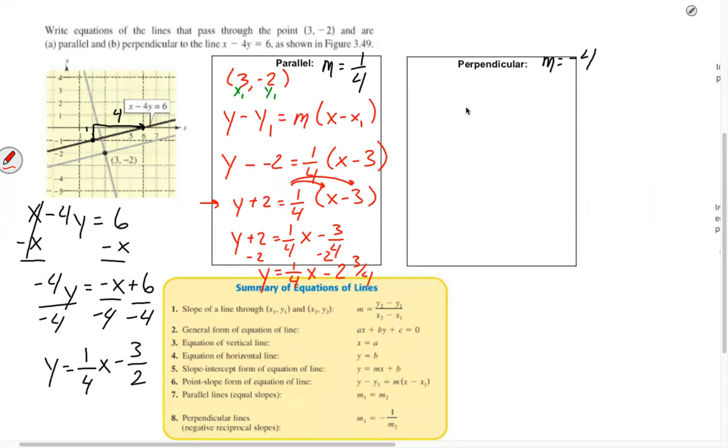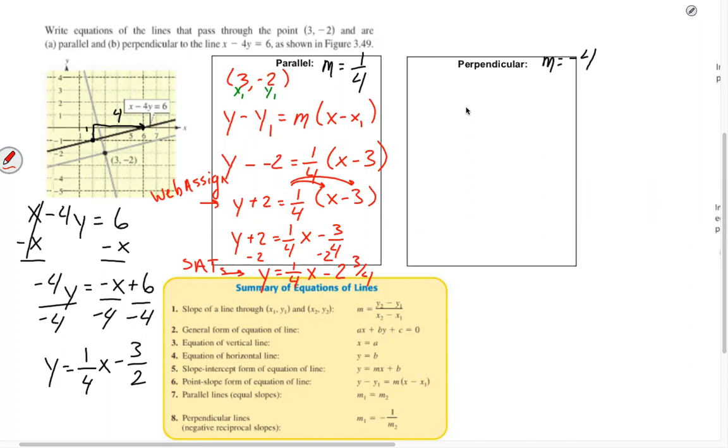Are you okay with that? So, for the sake of WebAssign probably stops right there. For the sake of the SATs, that goes right there. So that's how you go from there.